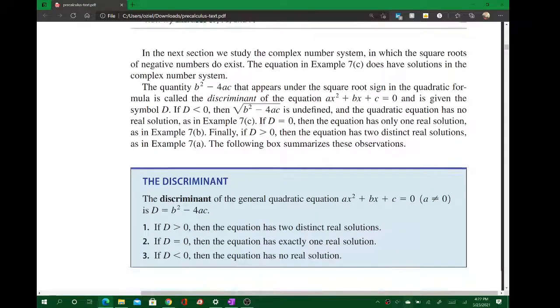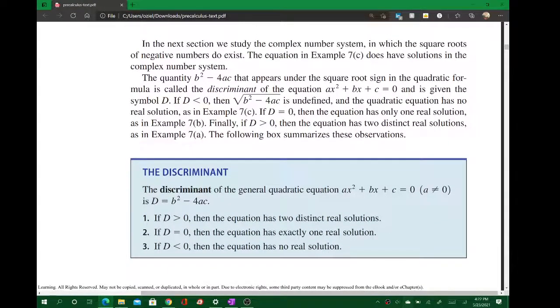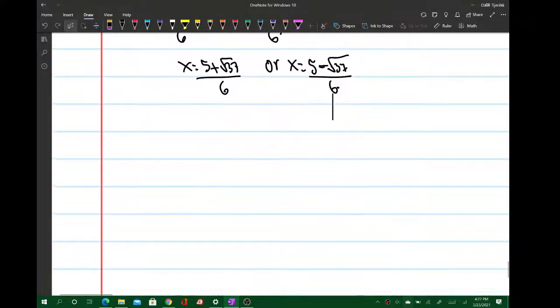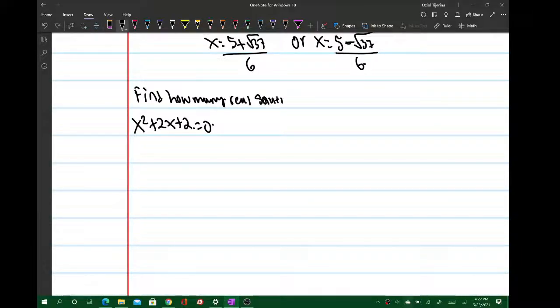And the discriminant says that you can find the number of solutions to a quadratic. For example, if I have x squared plus 2x plus 2 equals 0, and I want to find how many real solutions this quadratic has.